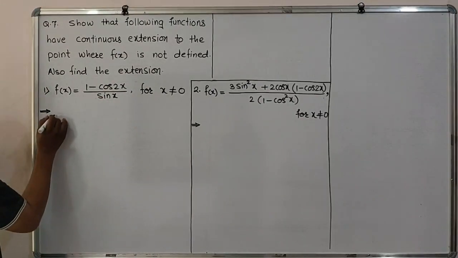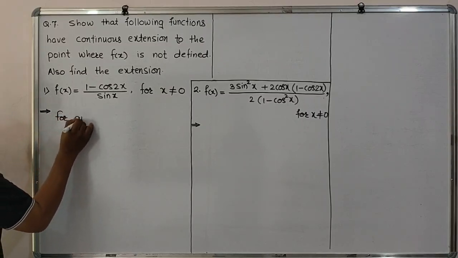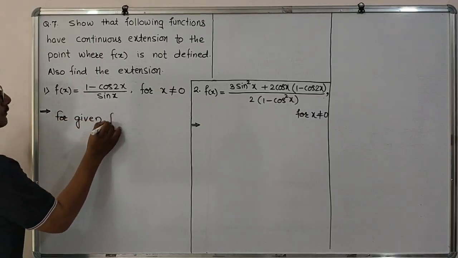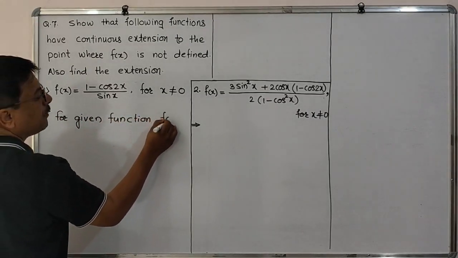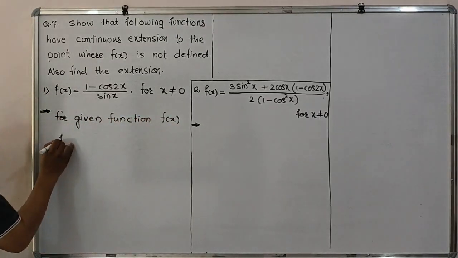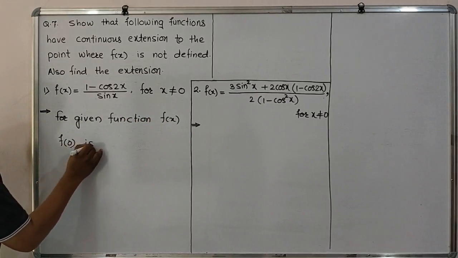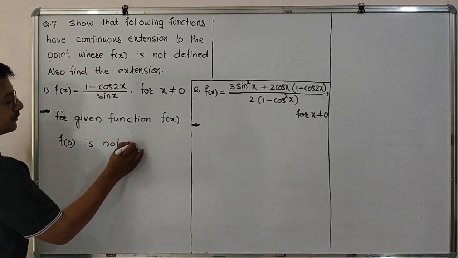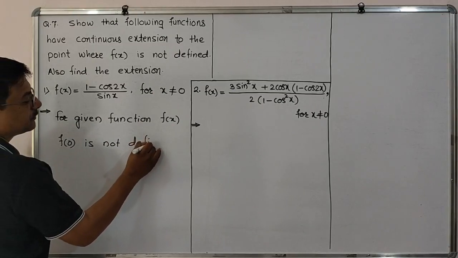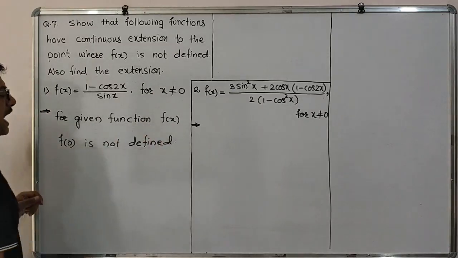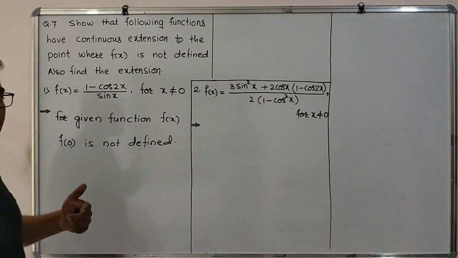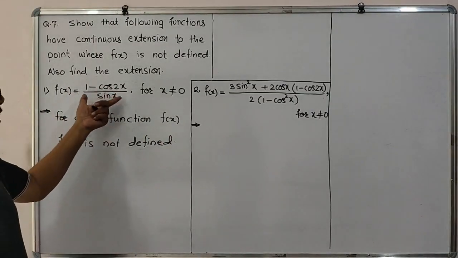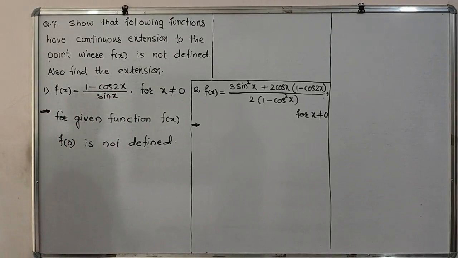Here, for the given function f of x, f of 0 is not defined, and as f of 0 is not defined, we cannot discuss the continuity of the function.